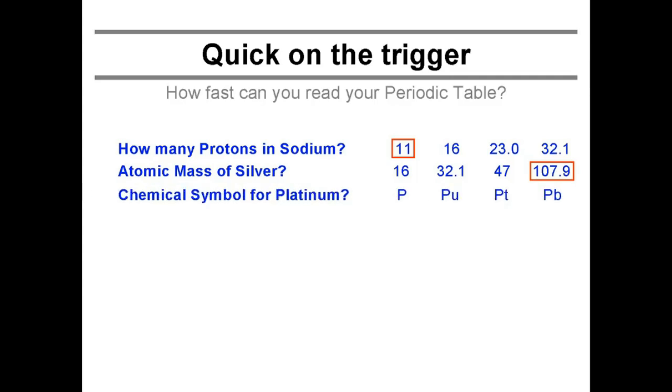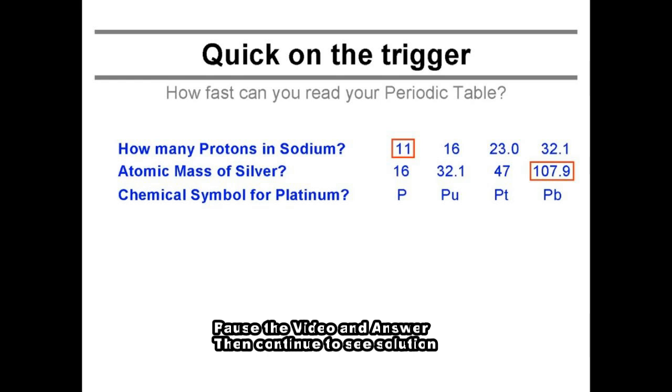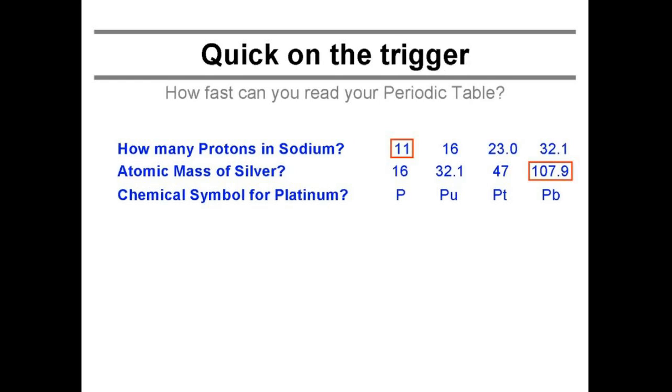Okay, let's give you another question. Chemical symbol for platinum. Yes, it is one of the P's. And if you picked or it landed on Pt, you're absolutely right. That's the platinum chemical symbol.